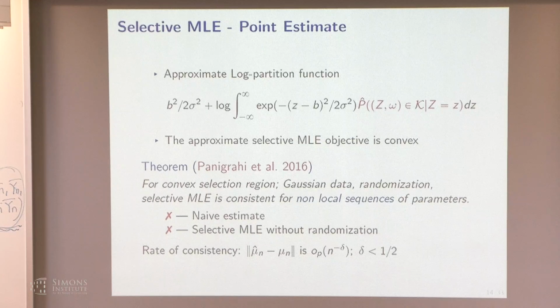It is just a Gaussian law truncated to the selection event. It is putting mass 0 outside the selection region, and that truncation is just a 0-1 truncation, with mass 0 outside the selection boundary. It's not a smooth law, whereas this randomized law happens to be a smooth law.